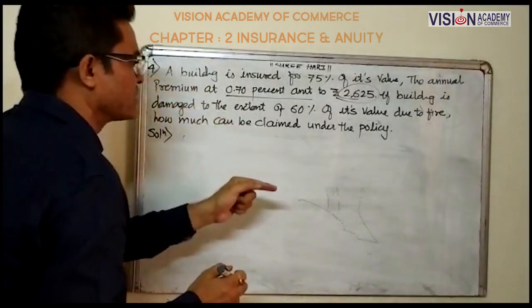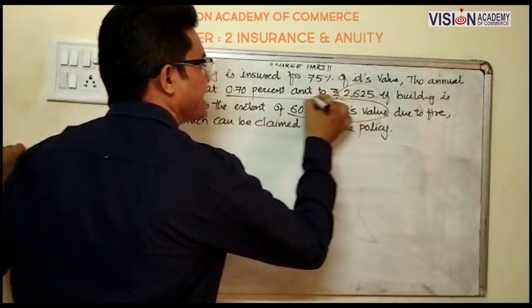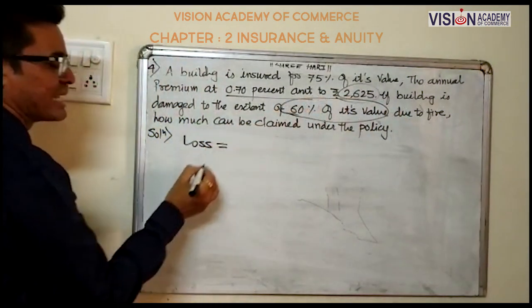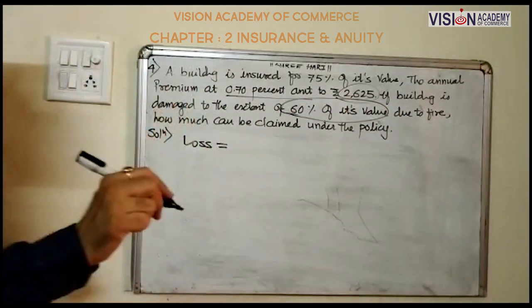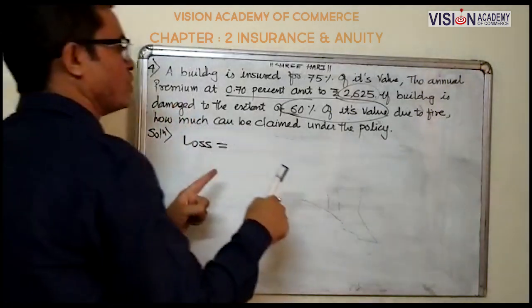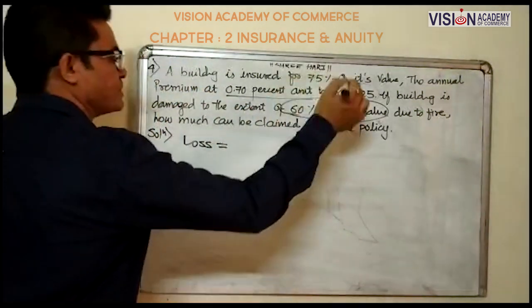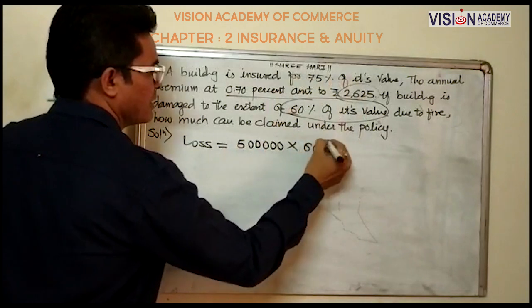See, in this question we are given damage to the extent of 60% of its value. So damage is calculated as your loss, and this loss is always calculated on property value. See, loss is always calculated on property value. So loss is to the extent of 60% of your 5 lakhs.